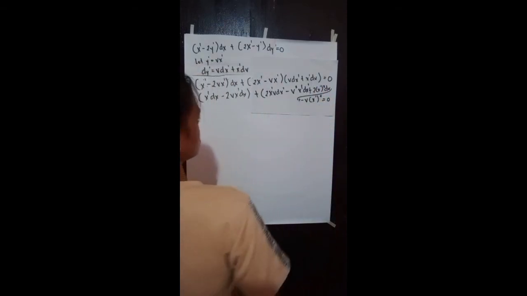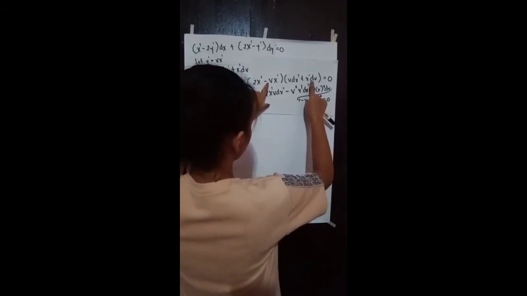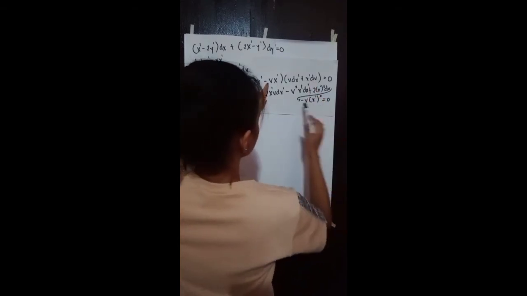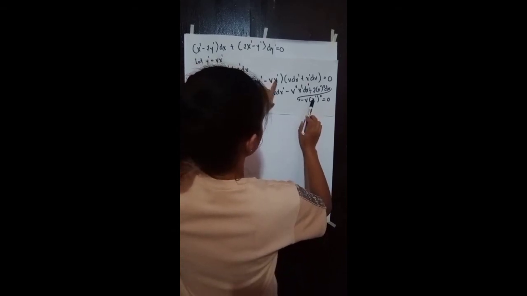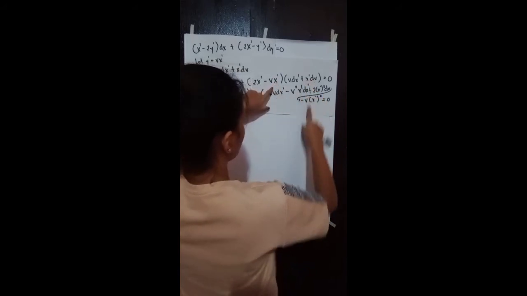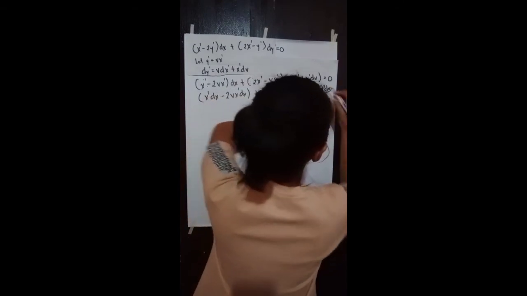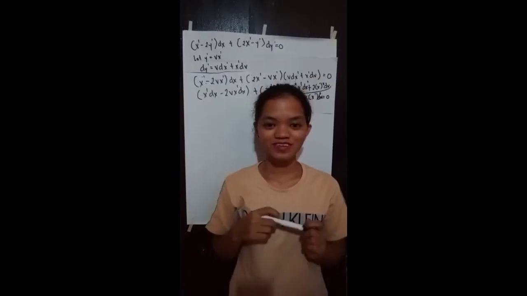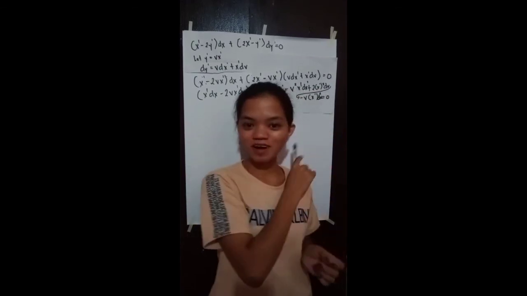The last is negative v x prime times x prime dv, so negative v x prime squared dv. I forgot the dv. The next step is long, so let me explain it.